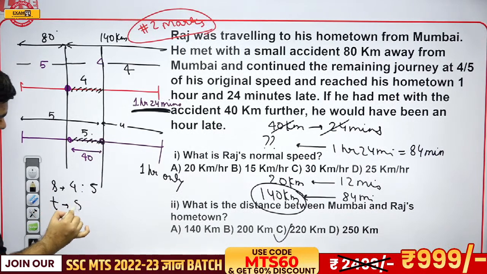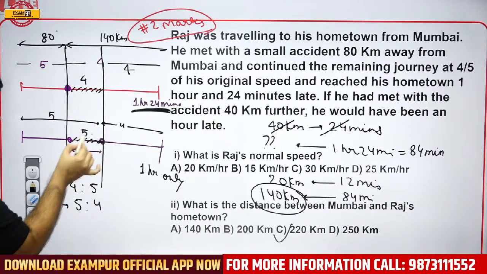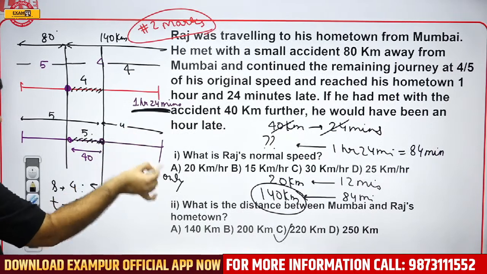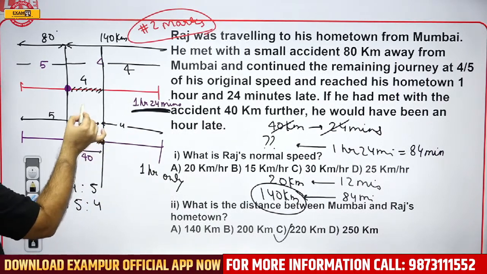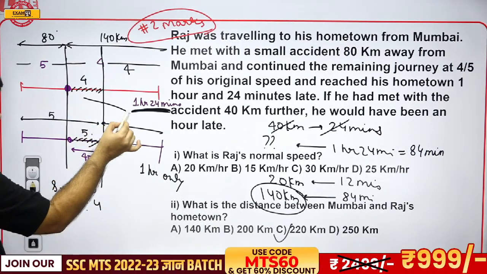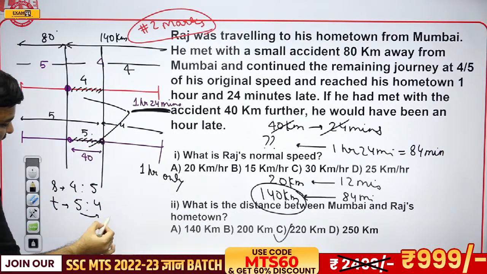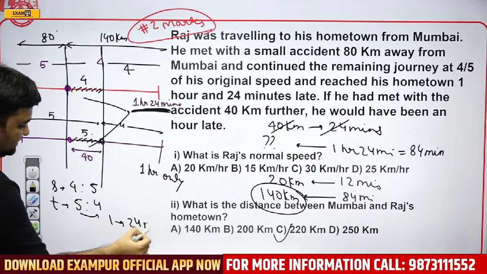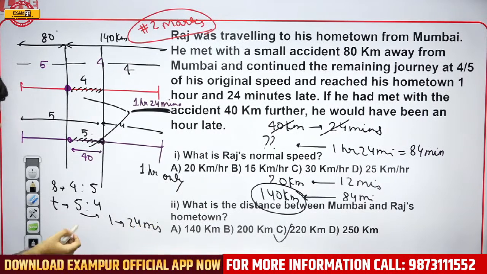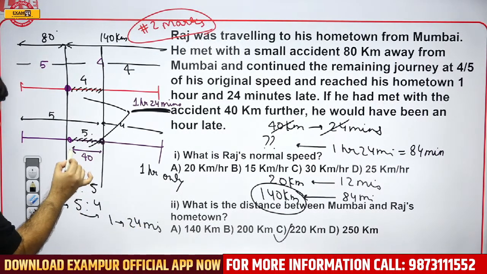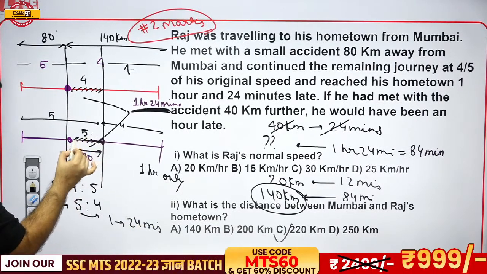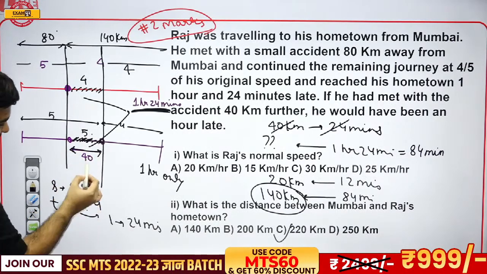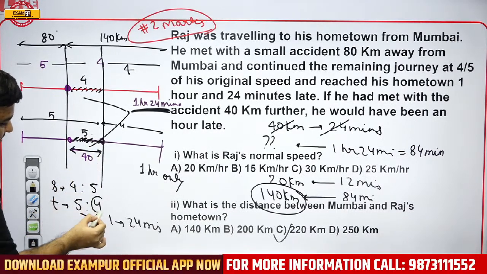So time would be in the inverse ratio, 5:4. Time covering is 24 minutes, because of this portion only. So final time, because 5 is the original speed, final time is 4.